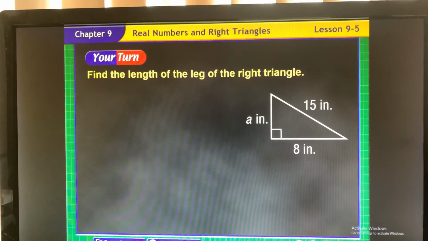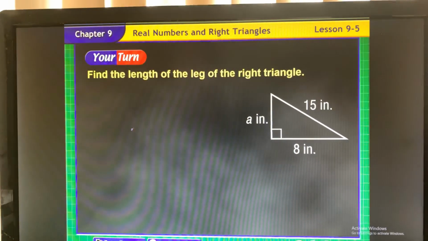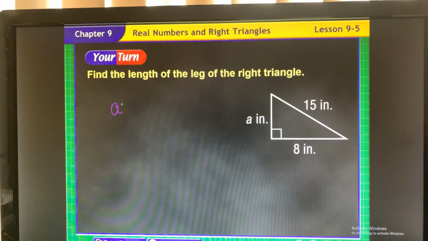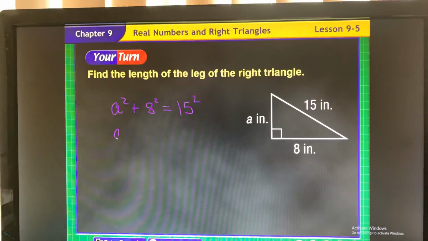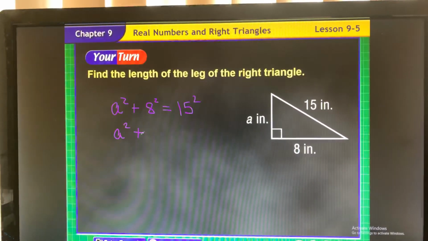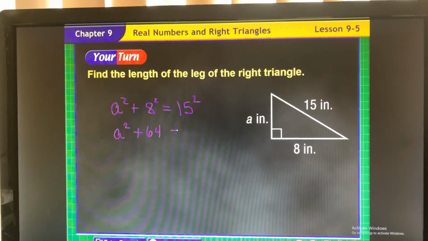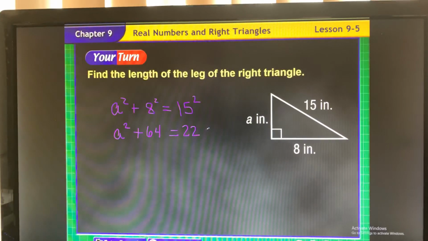So if we do it again, same process, acknowledge what you have, go a squared plus 8 squared equals 15 squared. So we have a squared plus 64 equals 225.